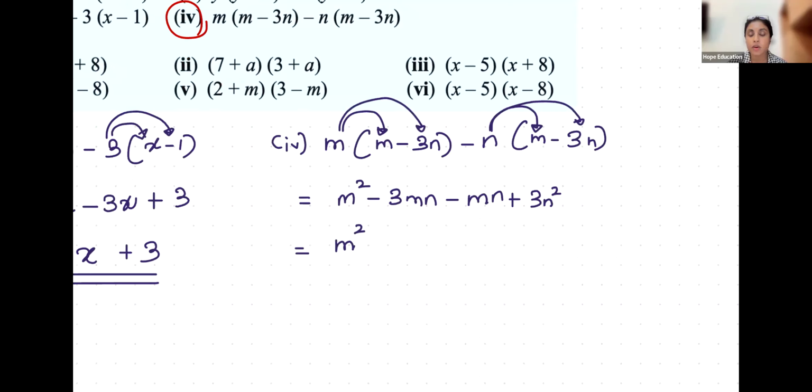Both of them have mn, and here there is 1. So minus 3 minus 1 means minus 4, right? So that would be minus 4mn, then plus 3n squared. Is that clear? Did you get that answer?